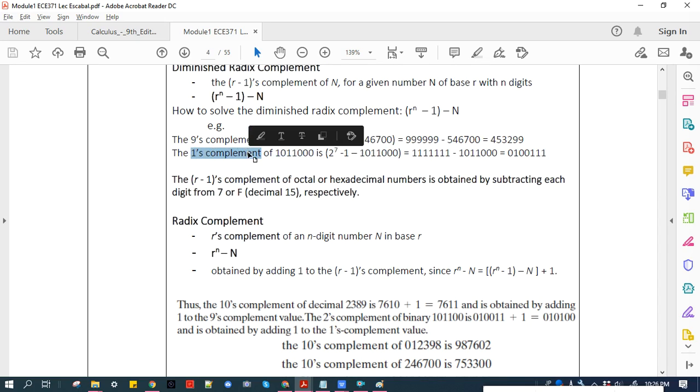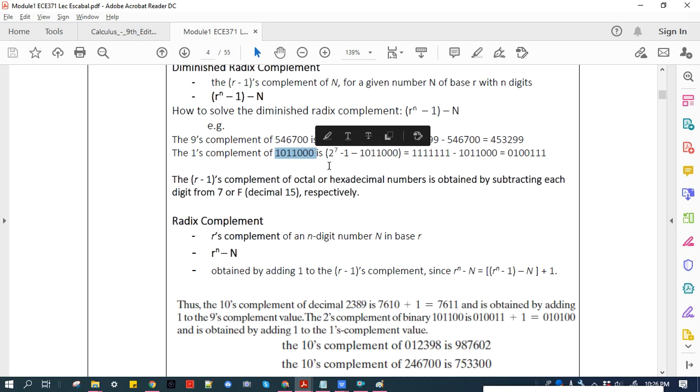1's complement is the diminished radix complement in the binary system. So using this formula, our base in binary is 2. Our n is the number of digits. How many digits are here? 1, 2, 3, 4, 5, 6, 7.